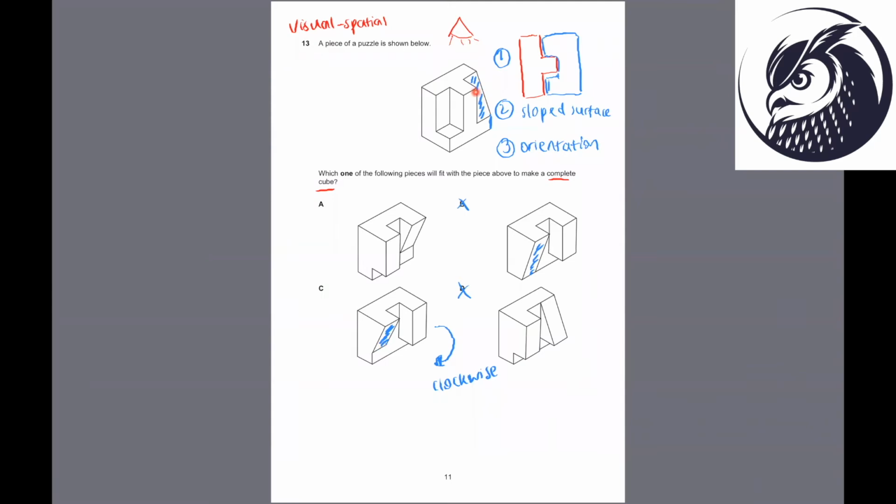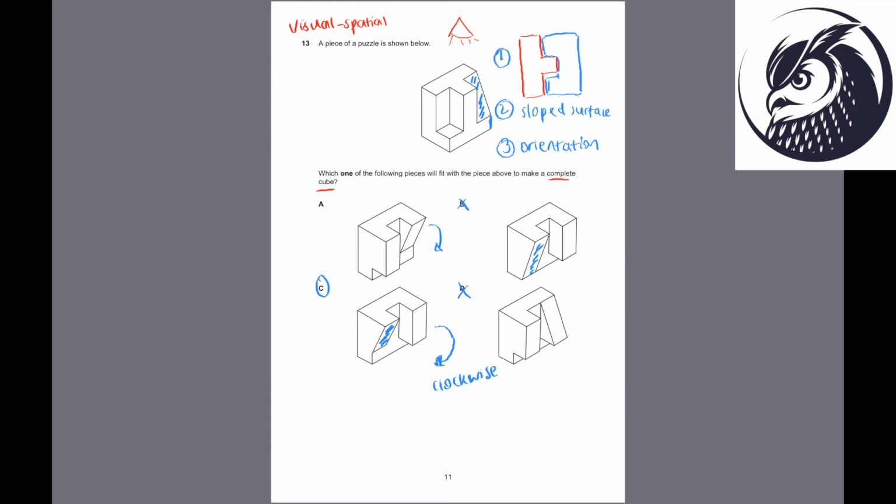These two would match if we rotate this, yeah? But in answer option A, this sloped surface here can't actually fit into there. It's been flipped. And when you rotate this one clockwise, the sloped surface would be on the bottom end and it wouldn't fit in with the sloped surface in the given piece here. Okay, so that means the answer has to be C.